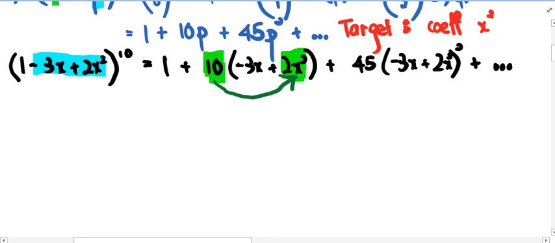Agree, yeah? Okay, the most challenging one is the third bracket. Why is it the most challenging? There is a square. So I need to square it. If you recall, please don't get this wrong. If you do it wrongly, I will ask you to write 100 times.